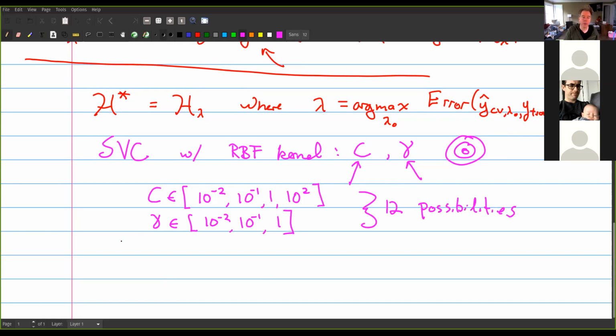And now for each choice, we have this model H C gamma, and we evaluate this using cross-validation on the training set.